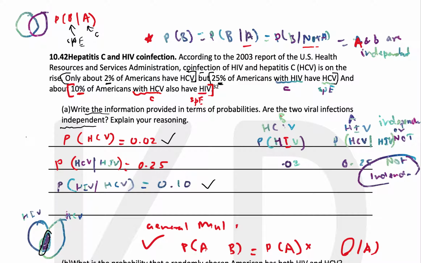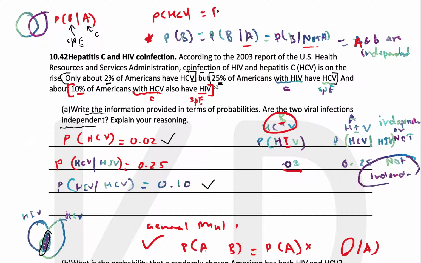So let me just stick to this. So if we consider the HCV as event B, and we know the probability of HCV is 0.025, right? So we are going to compare that. So that's the probability of HCV we got.